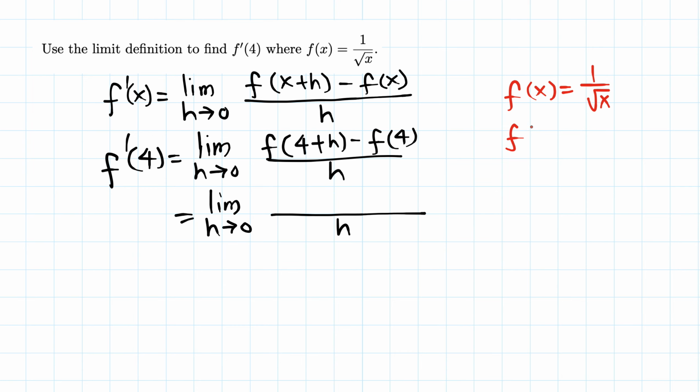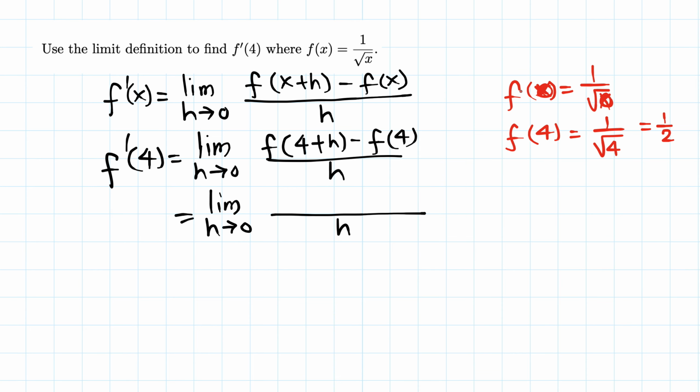That means f of 4 is easier. f of 4 would be 1 over root 4. Okay, x, that's the input 4, and root 4 is 2, so this is 1/2. So this value is 1/2. How about f of 4 plus h? The input equals this input. We can have f of circle is 1 over square root of circle.